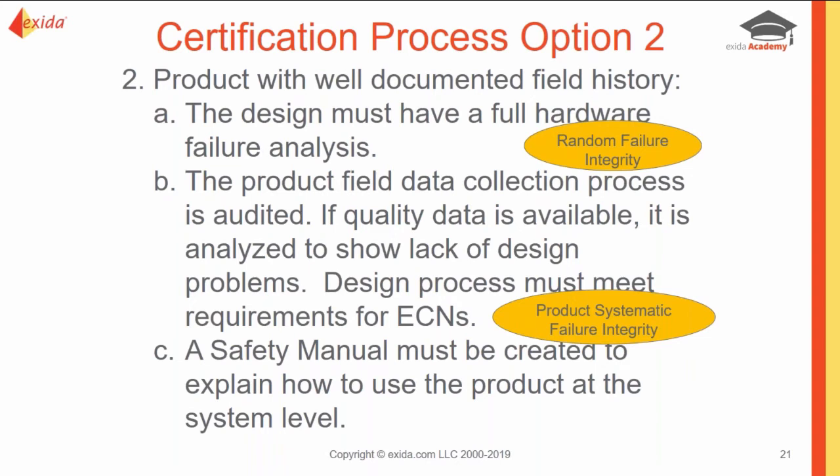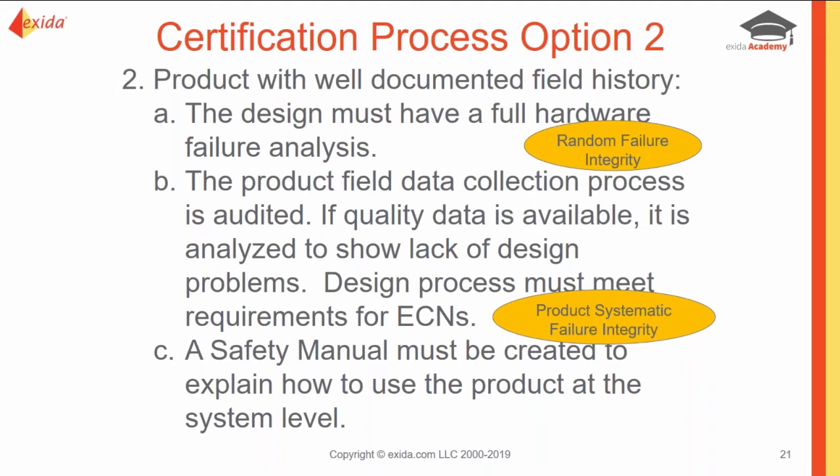This time, instead of going through everything, we're going to look at how you do data field collection, how you do modifications, all of your quality management processes, leaving out some verification, validation, testing. That's going to once again cover your systematic failures or those SIL capability barrier.